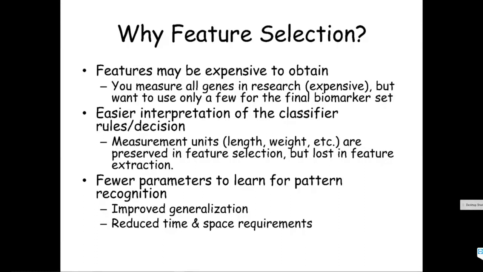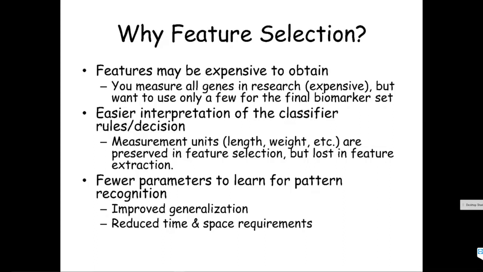So in the clinic, rather than having to run the entire microarray for a patient, you would only want to measure those handful of genes. To identify which handful of genes would give you the best success rate in terms of prediction is the topic of feature selection. When you use a smaller set of features, the interpretation of your model becomes easier as well.